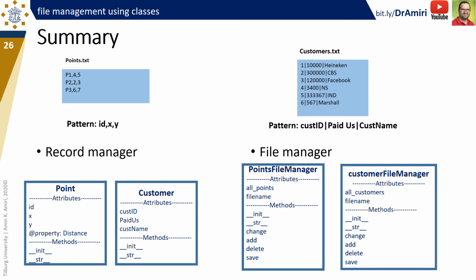You also need to add a dunder str to the file manager, which creates a string that follows the pattern of the file, but it does that by traversing the dictionary in that instance. Of course, you also need to have methods to change, add, and delete records, and then save them to the hard disk in the same file.